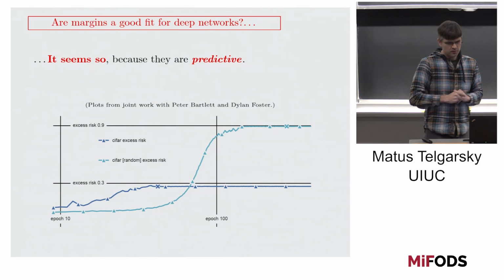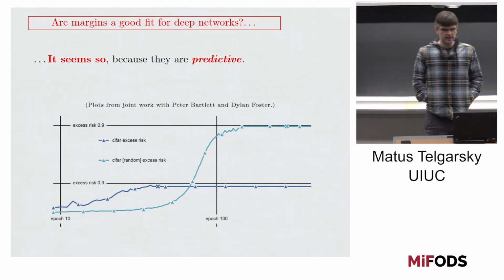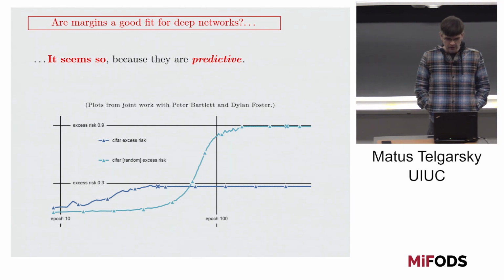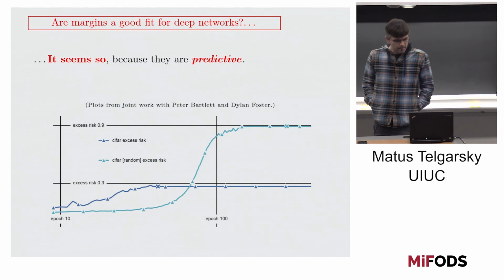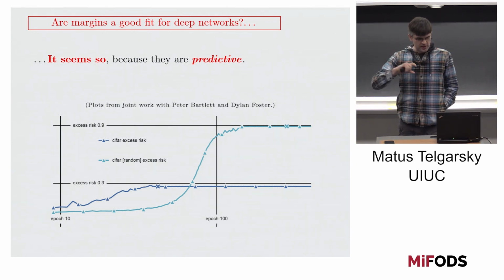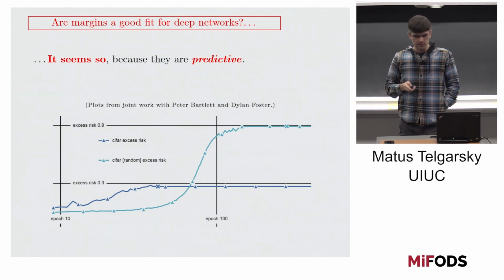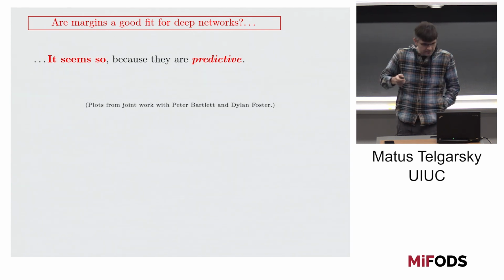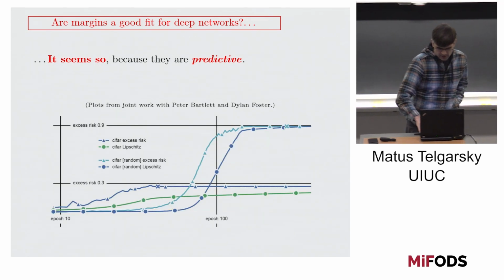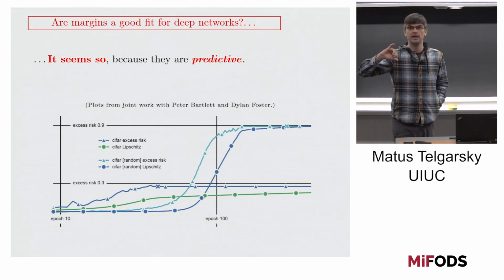Let me show you a few plots from this paper I did together with Dylan Foster, who's here, and Peter Bartlett, who's, I believe, currently sitting in the hills somewhere in Berkeley. So here on CIFAR are the observed excess risks, meaning the test minus train error. If you plot this against the Lipschitz constant of the networks, you'll notice they exactly line up.